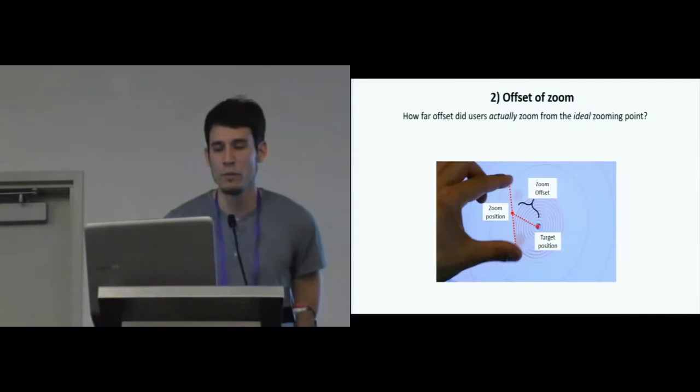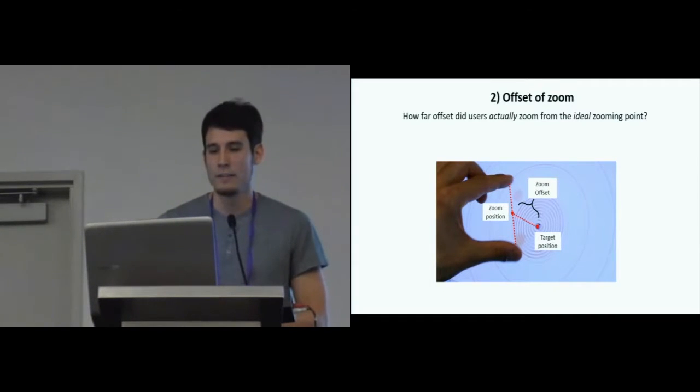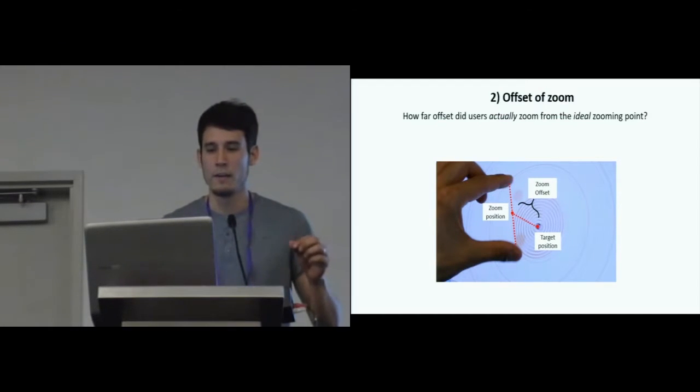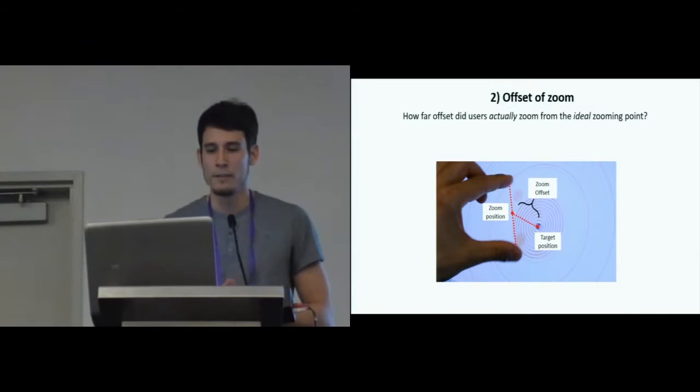So secondly, we looked at the offset of zooming, and this is about the question, how far offset do you actually zoom from the ideal zooming point of the task? And in this screenshot, you can see that this is an example of the direct touch zooming, and the actual zooming position is in the center of the 2 touches of the pinching hand.